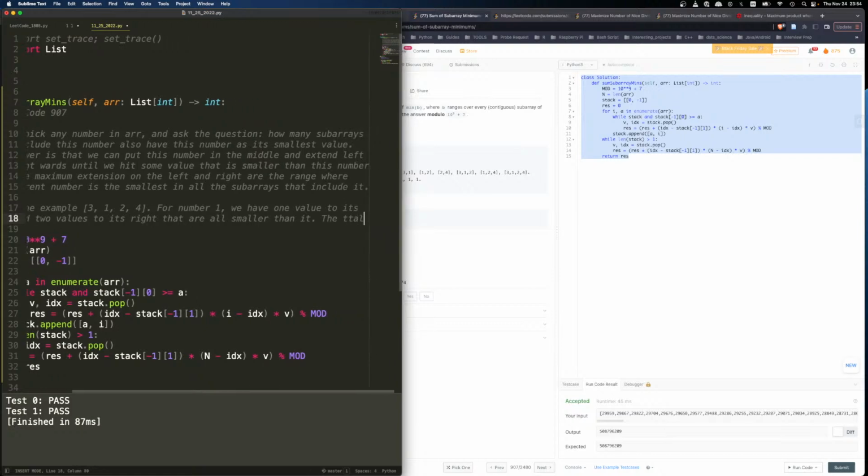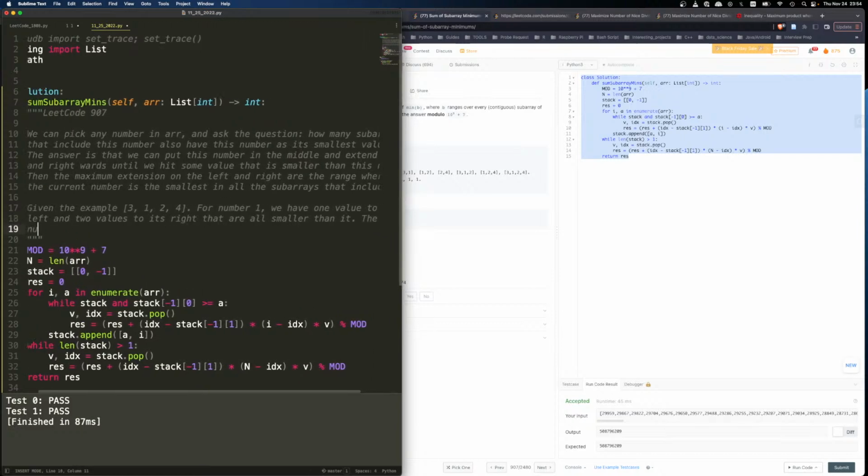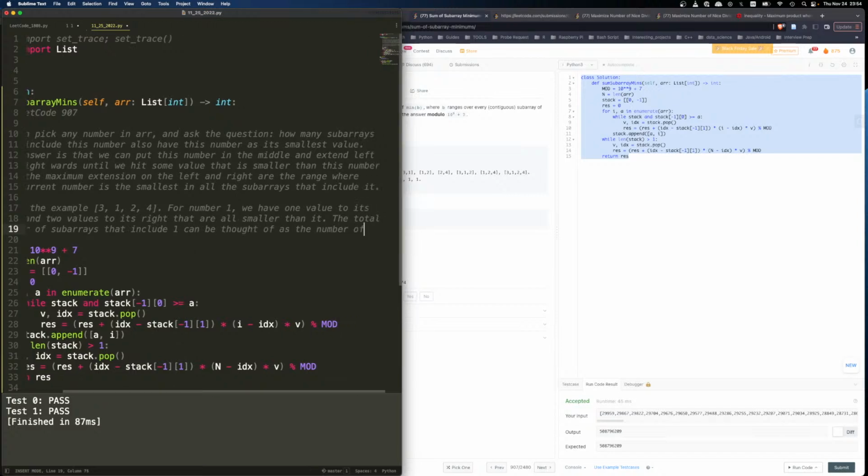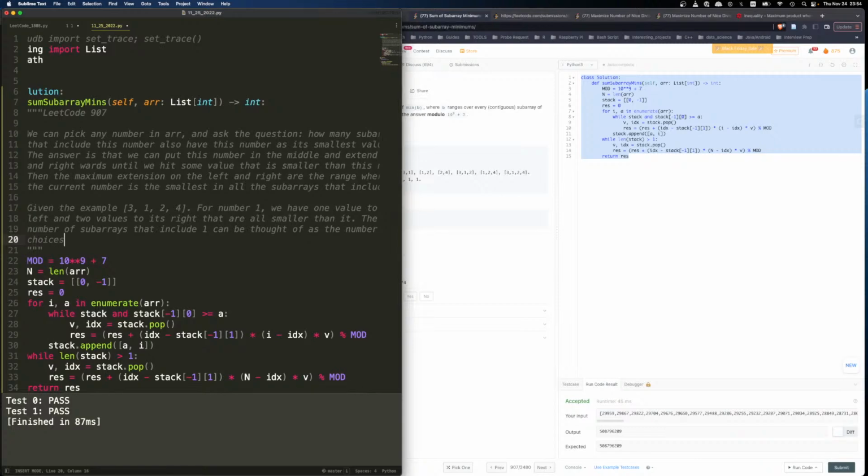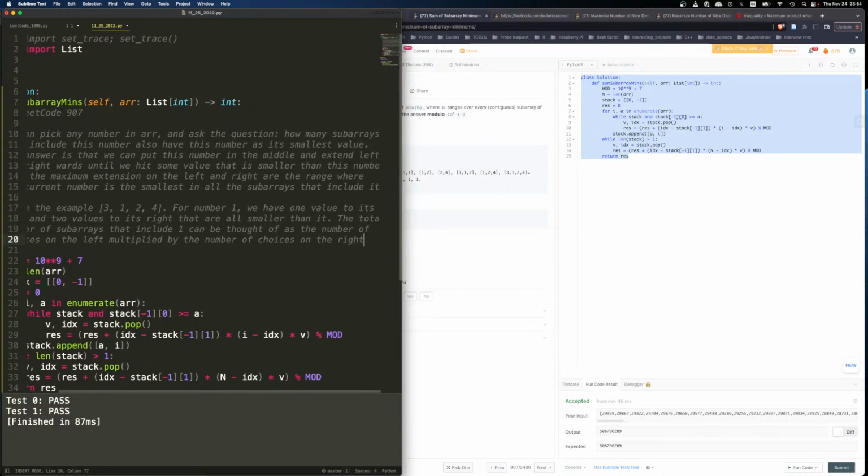Now the total number of subarrays that include 1 can be thought of as the number of choices on the left multiplied by the number of choices on the right.